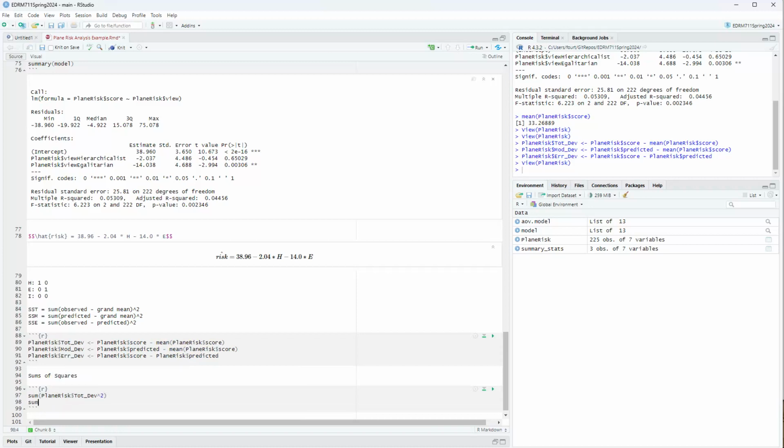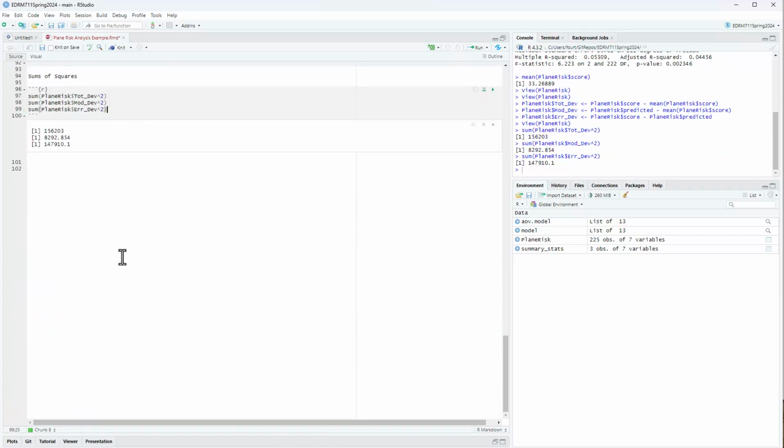I want to sum up the squares of the model deviation. I'll call that plain risk model deviation. And I want to sum up the squares of the error deviation. And here we go.